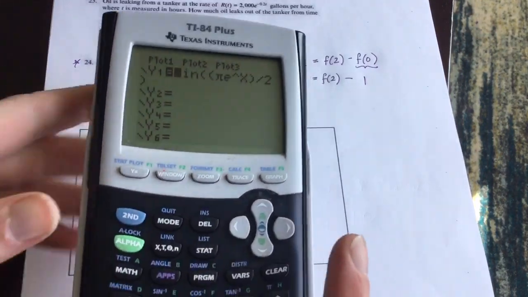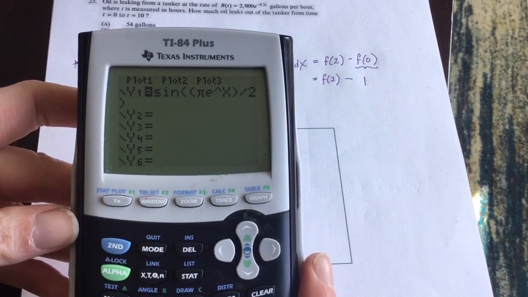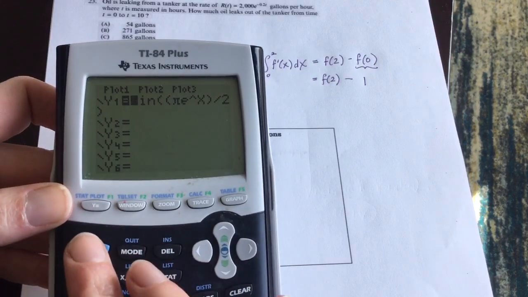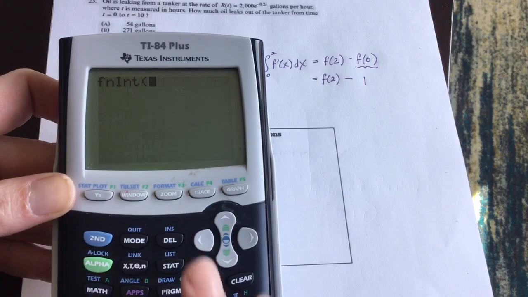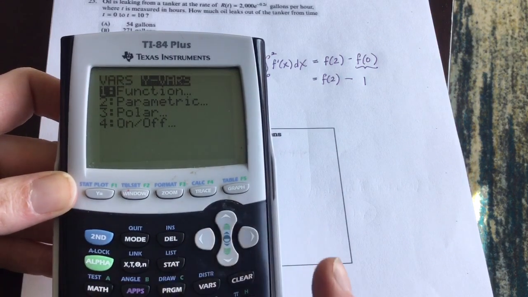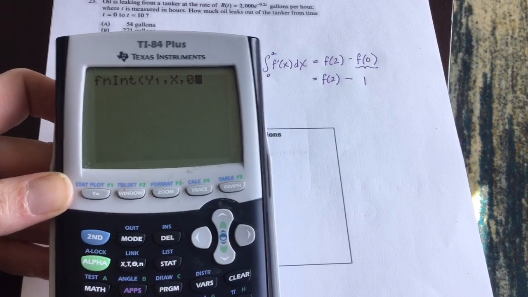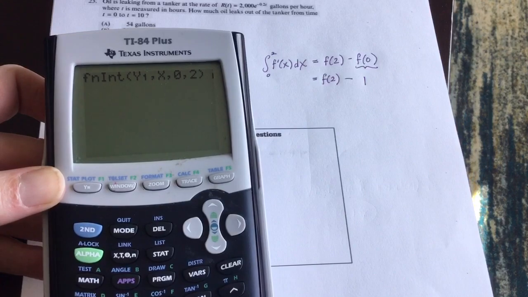So I went ahead and saved you the pain of watching me enter something in on my calculator. I pre-entered it, and then you could go math, function integration. Zero is one bound, 2 is the other. Evaluate your integral.